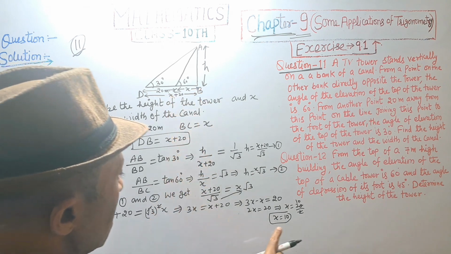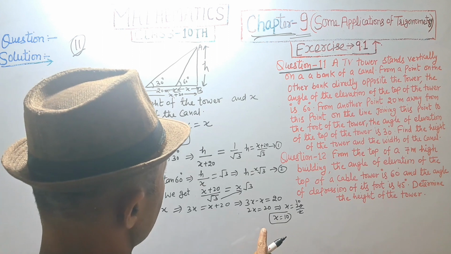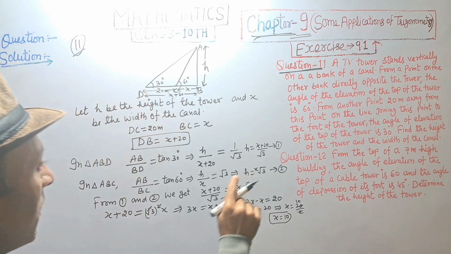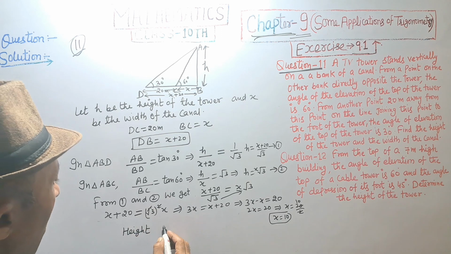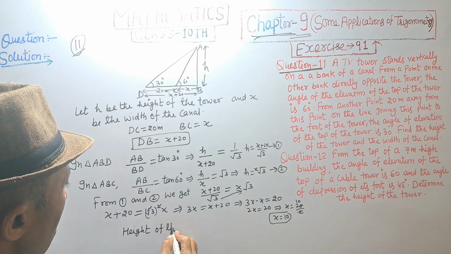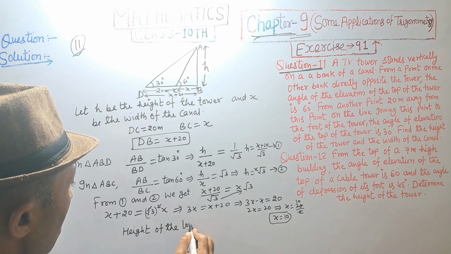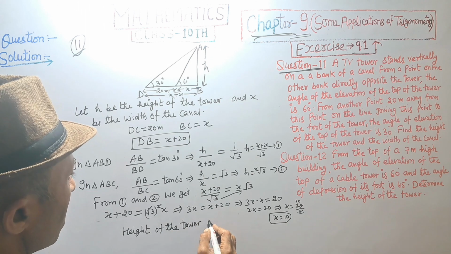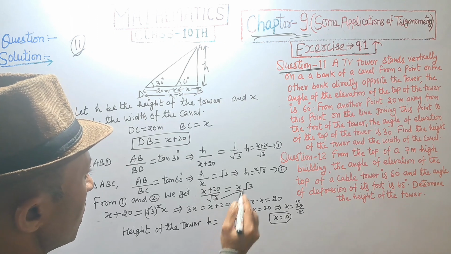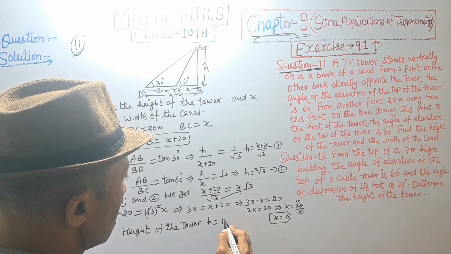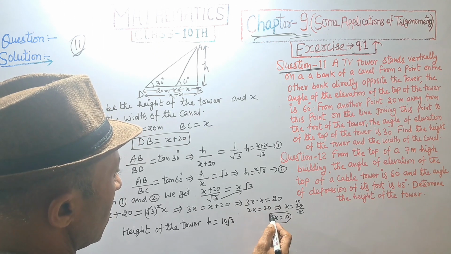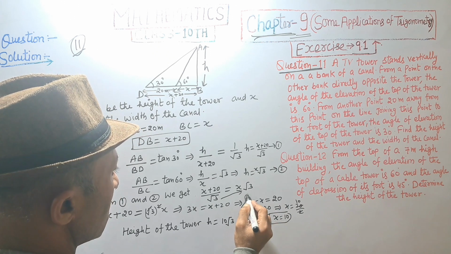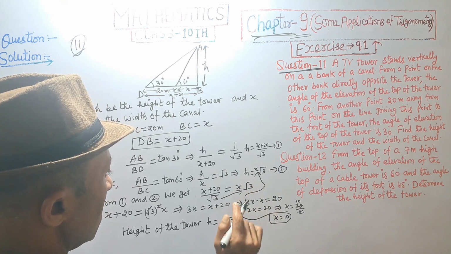BC is equal to X, that is equal to 10 meters, and the height of the tower H is equal to 10 root 3. We are putting X in equation second.